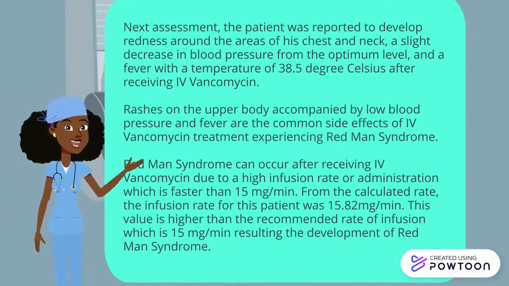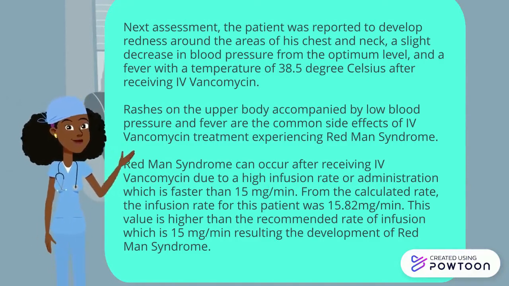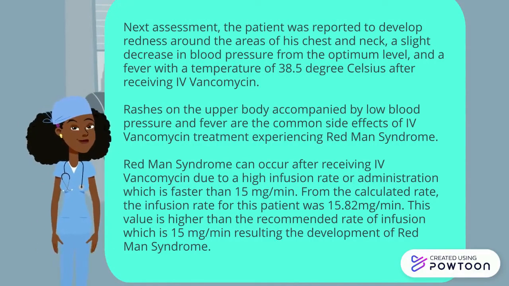Rashes on the upper body accompanied by low blood pressure and fever are common side effects of IV vancomycin treatment, which indicates that the patient is experiencing red man syndrome.